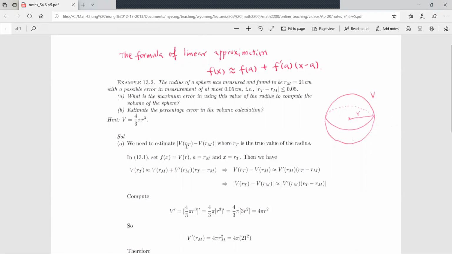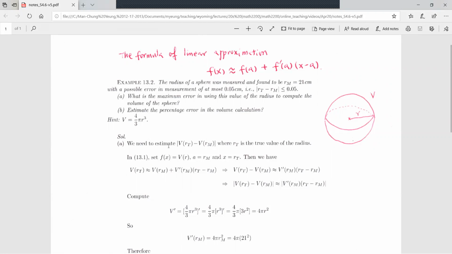Volume computed by the true value of the radius is the exact value of the volume. We need to estimate the difference between these two quantities. This is question A. Now, question B. Estimate the percentage error in the volume calculation in question A.